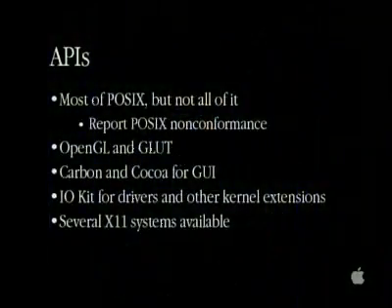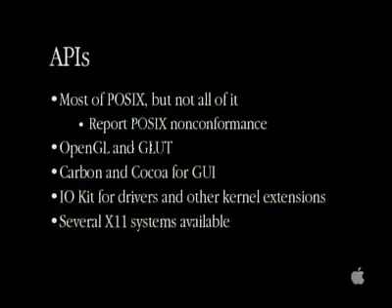Okay, shifting gears a little bit to talk about APIs. We implement most of POSIX, but we don't implement all of POSIX, and we want you to report POSIX nonconformance wherever you find it. Now, POSIX applies to both command line tools as well as to programming interfaces.